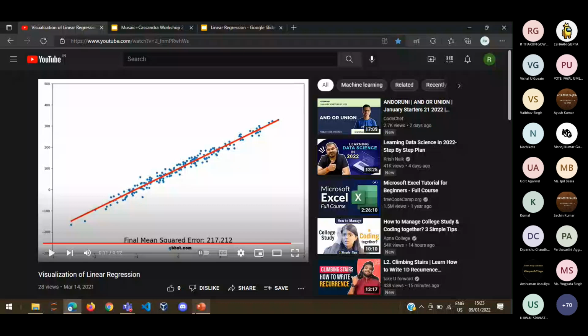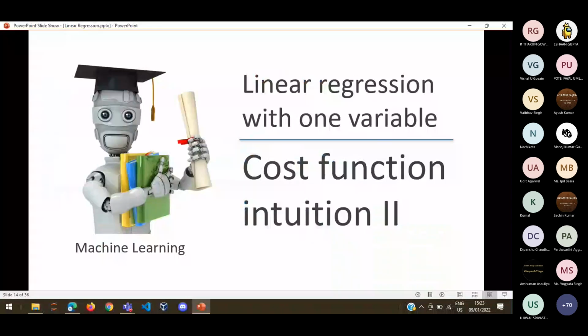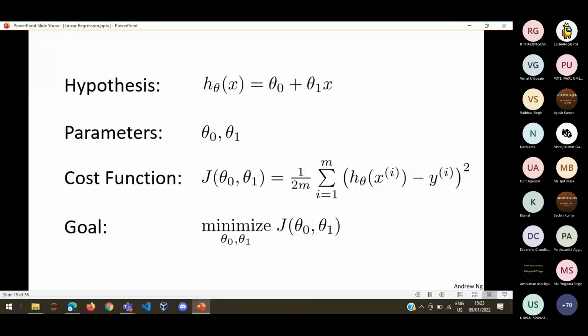Okay. So here we have this hypothesis ready, and these parameters theta naught and theta1. Previously, I showed you that theta naught was 0 just for simplicity's sake, but here it is not. So your cost function will depend upon both theta naught and theta1, that is slope and intercept. And for minimizing this cost function, you need to change both values.